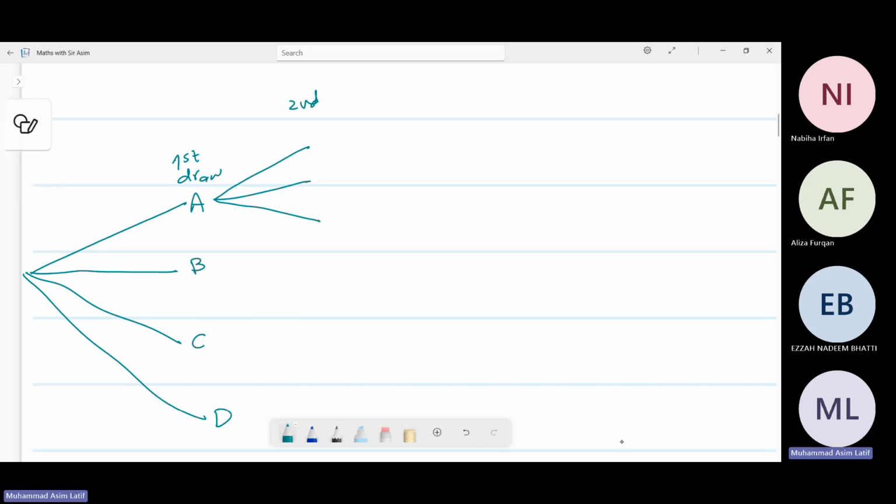So for the second draw, the possibilities may be B or C or D.